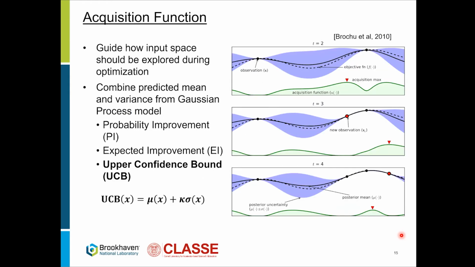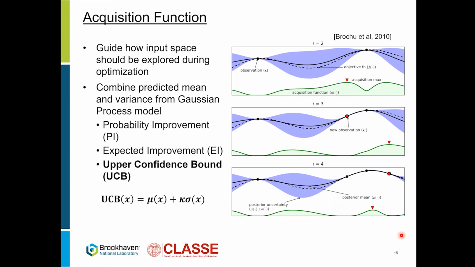And why does it matter that we have a very good Gaussian process model? It is because during the optimization step, we guide the whole process with an acquisition function, which is a mathematical combination of the predicted mean and variance values from the Gaussian process model.